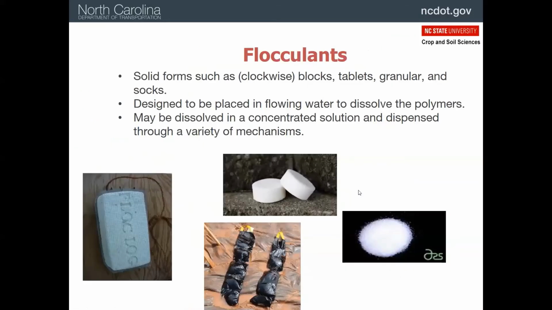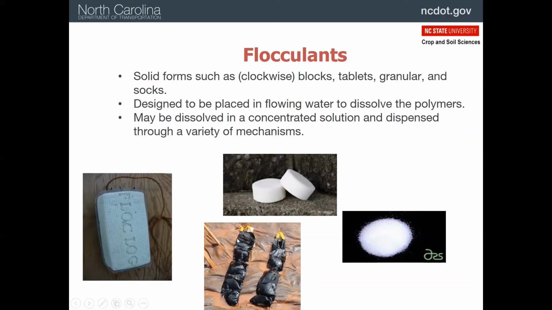There are different forms other than the powder that you see and we've been talking about. There are flock logs or solid blocks of flocculant, and we don't usually use these on DOT projects as far as I know. They have been used, they have their purposes. They don't work really well in open ditches.